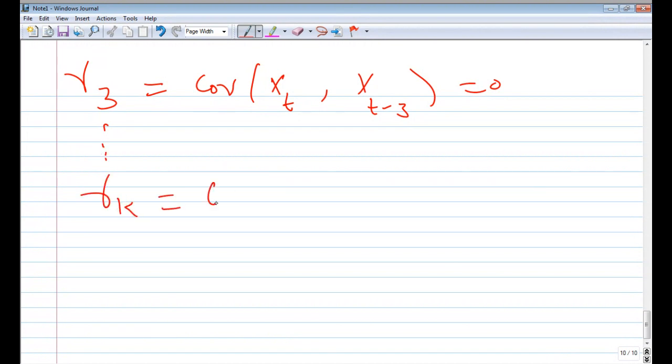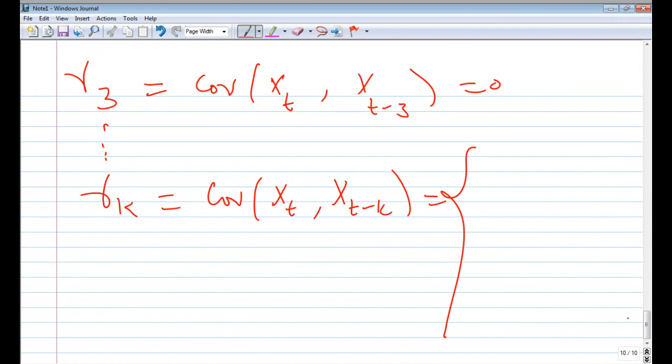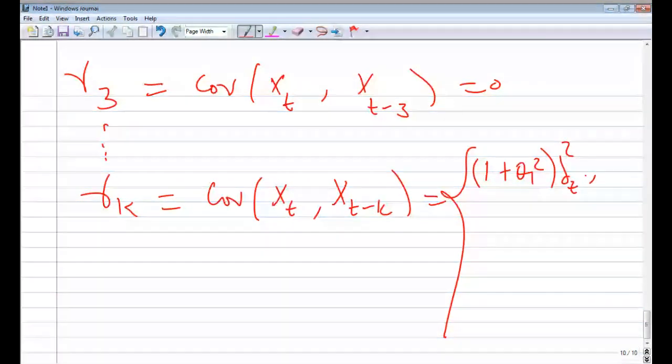So gamma k, which is equal to the covariance of xt, xt minus k, will be equal to, now we are generalizing everything, okay? If you check, your gamma 0 was 1 plus theta 1 squared sigma squared z for k equal to 0. So gamma 0 is equal to 1 plus theta 1 squared sigma squared z.